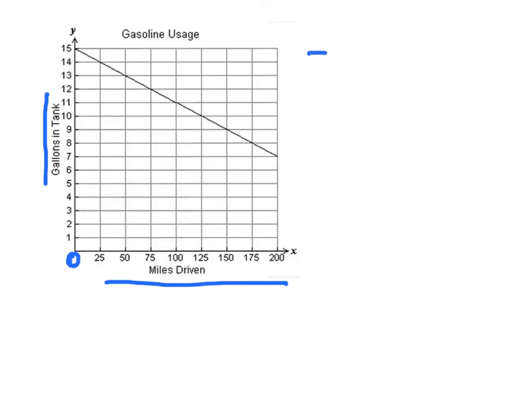And we want to calculate the consumption of the gas. We can pick any points you want. How about right here? The gas went down by 1 gallon after the vehicle had traveled 25 miles. So my slope of this line is negative 1/25.